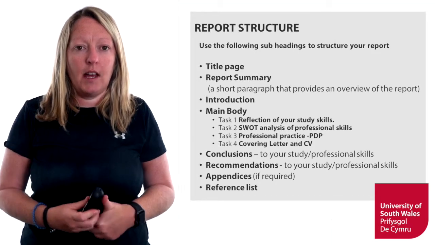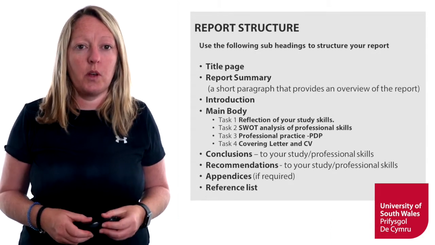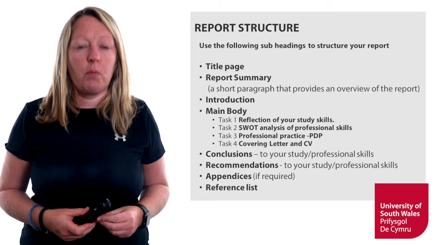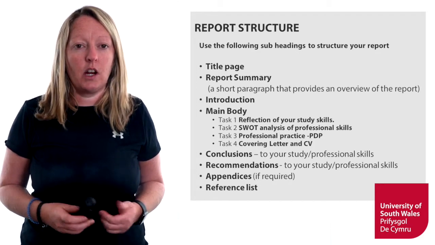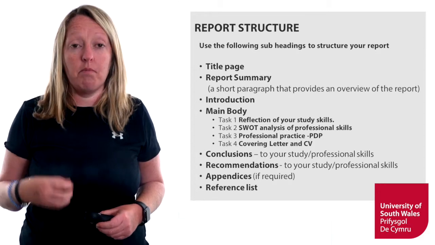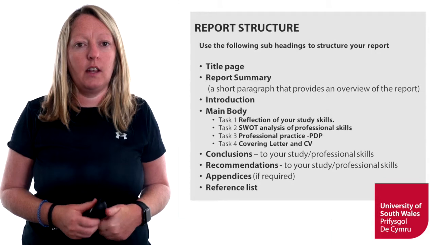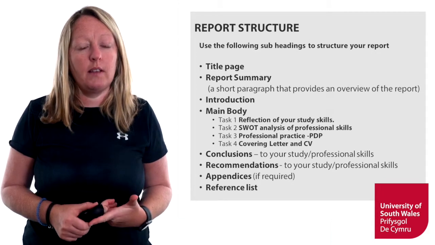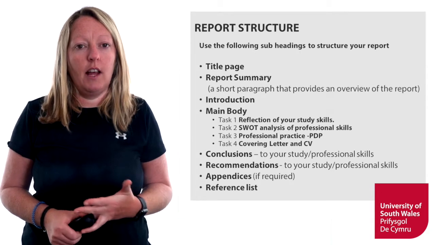So you're going to have a title page, which includes the following subheadings: a report summary, so a short paragraph that provides an overview of the report, and an introduction, so what's included in the report. The main body will be a task, so your reflection of your study skills, your SWOT analysis of your professional skills, your PDP and your CV and covering letter.